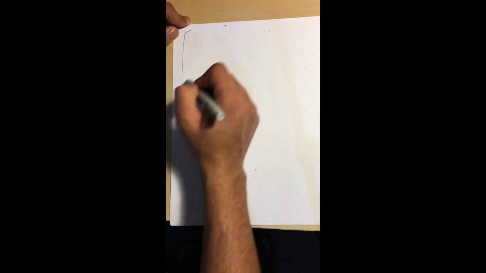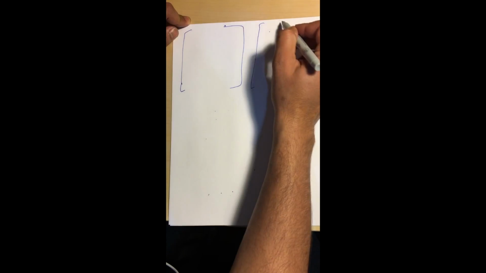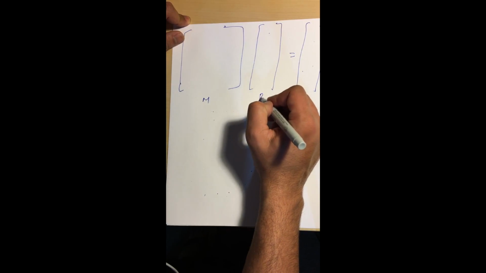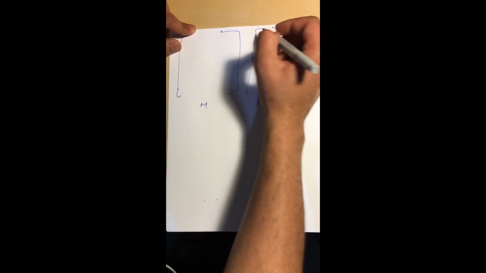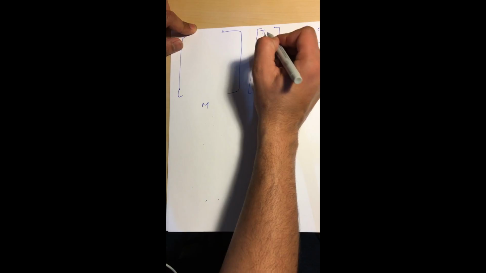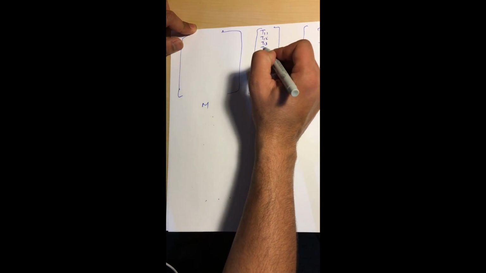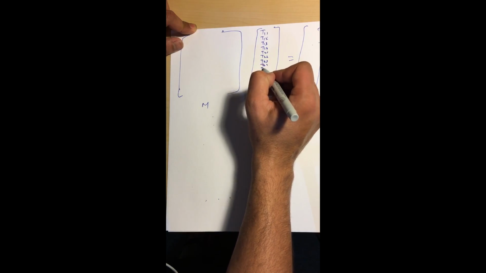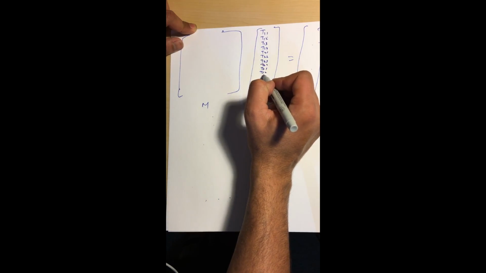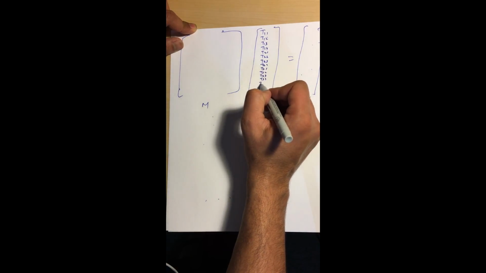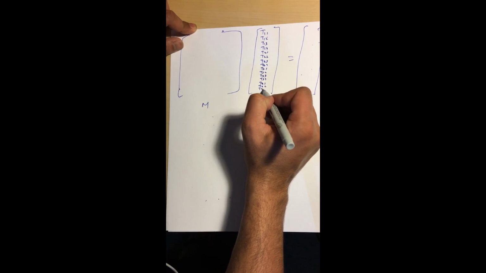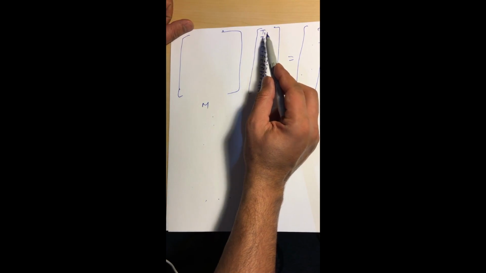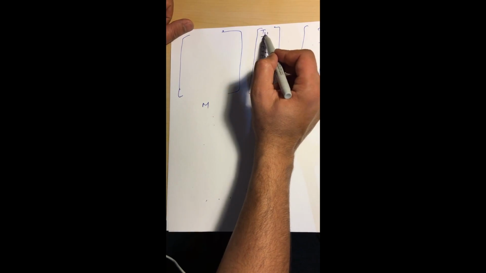Just take a large grid, so this will be our m and this will be our n. The unknowns are T at 1,1, 1,2, 1,3, 1,4, 2,1, 2,2, 2,3, 2,4, 3,1, 3,2, 3,3, 3,4, 4,1, 4,2, 4,3, 4,4.